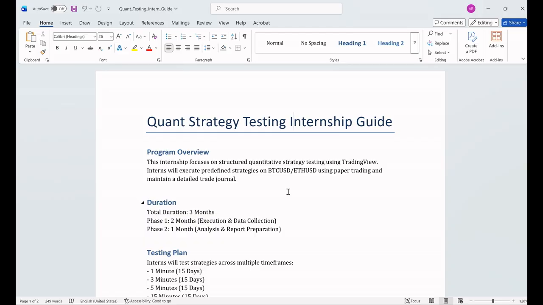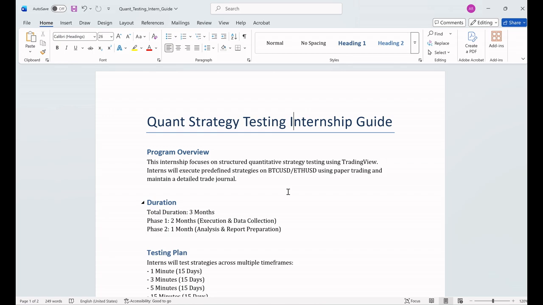You are given a predefined strategy, and your job is to execute that strategy exactly as it is defined, without modification, without bias, and without emotional influence. This is very important to understand, because many people make the mistake of trying to improve the strategy while testing it. That is not your job here. Your job is to test, observe, and record.